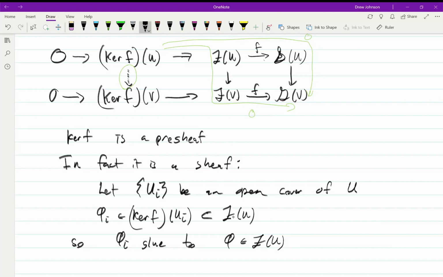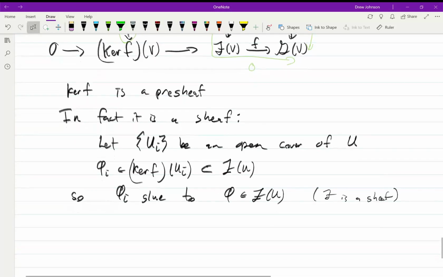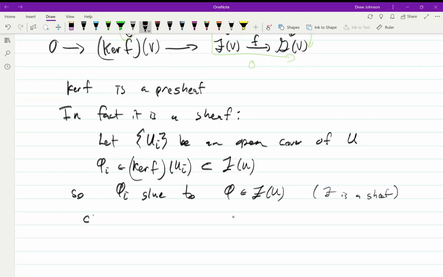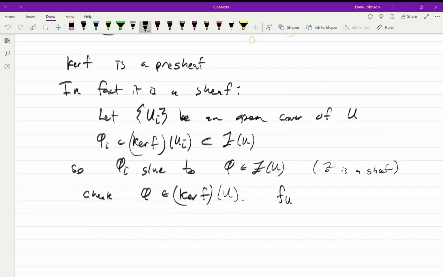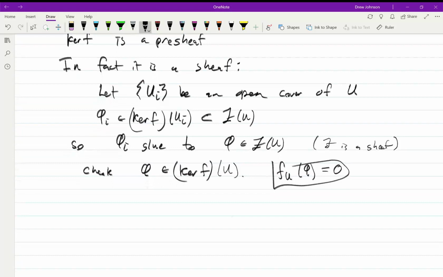Just because F itself is a sheaf. But the thing we need to check is that phi is actually in the kernel. In other words, we just need to check that f_U applied to phi equals 0. But we can check this because G is a sheaf.